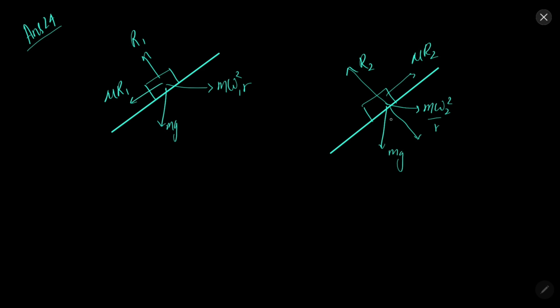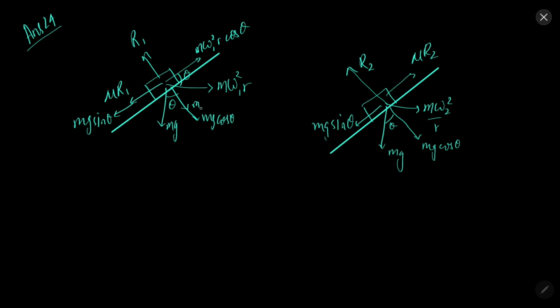Now obviously this is theta, so this will be mg cos theta, mg sin theta. Similarly here also mg cos theta and mg sin theta. Now this component also has to be, this is theta, so m omega 1 square r cos theta. This will be m omega 1 square r sin theta.